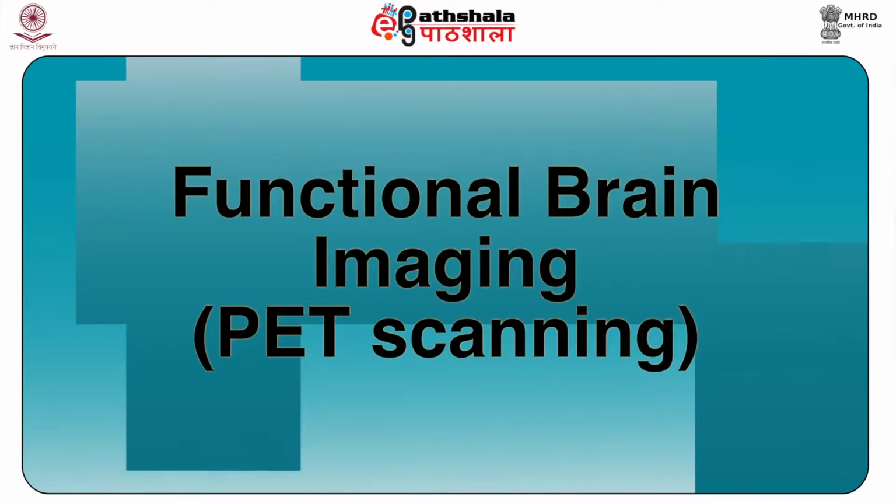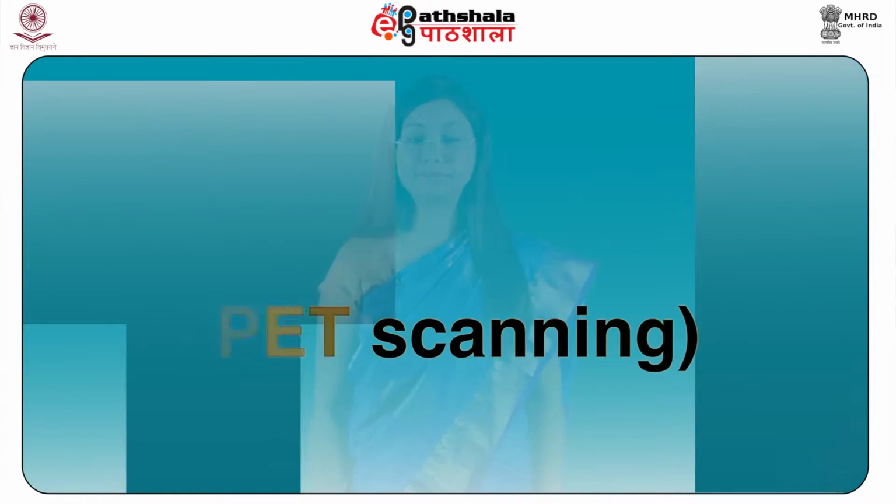Functional brain imaging, also known as PET scanning. In this technique, while the subject is engaged in some activity such as reading, the activity of the brain is monitored by positron emission tomography or functional magnetic resonance imaging (fMRI). On language tests, this technique reveals greater activity in the left hemisphere than in the right one.